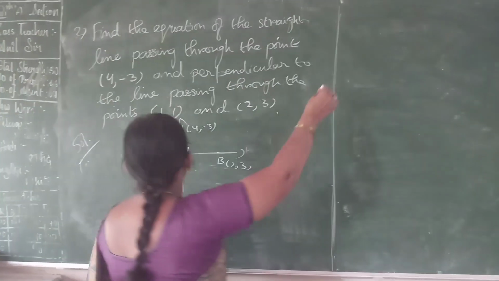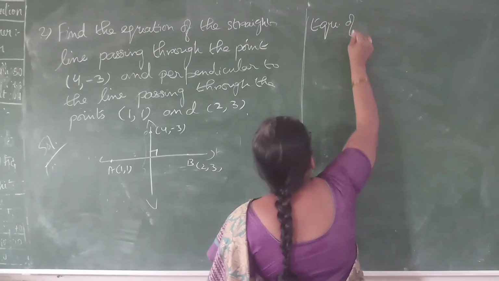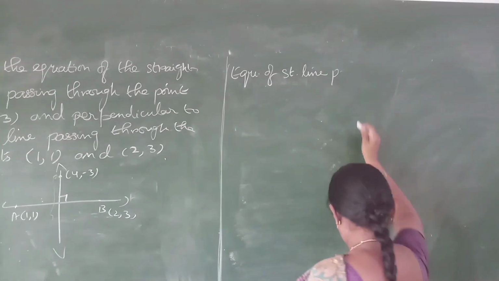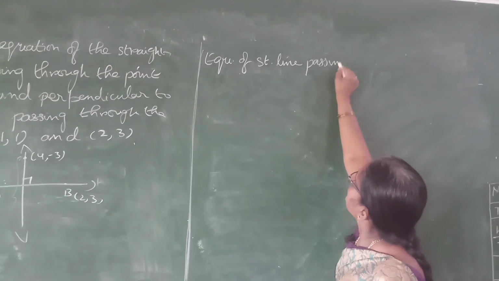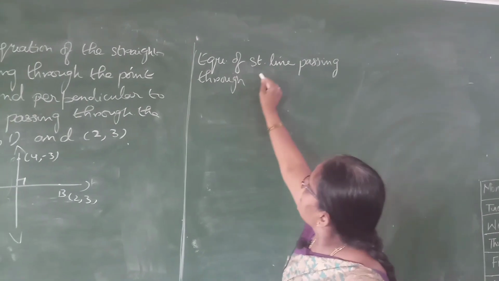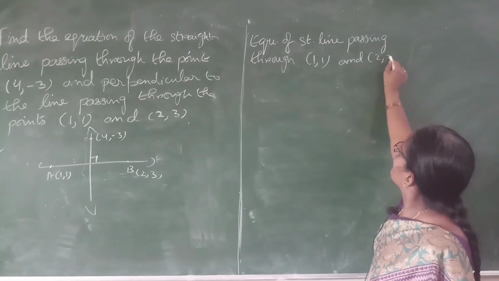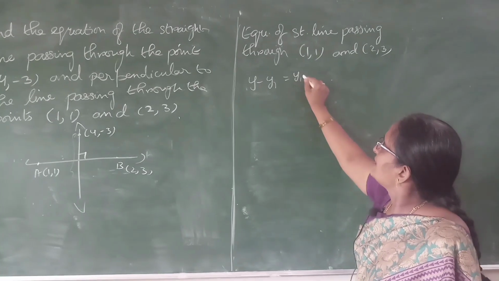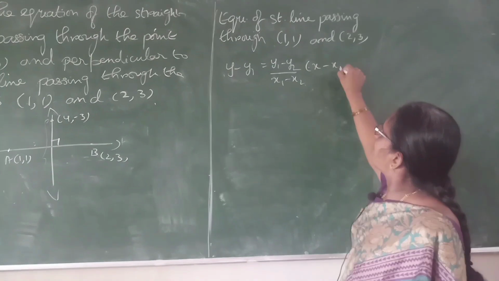So, for this, first what we are going to do is the equation of straight line passing through which points? 1, 1 and 2, 3. The formula is y minus y1 is equal to y1 minus y2 by x1 minus x2 into x minus x1.